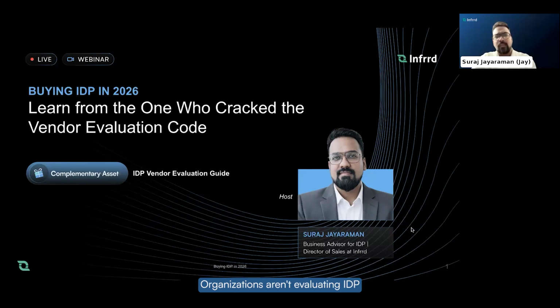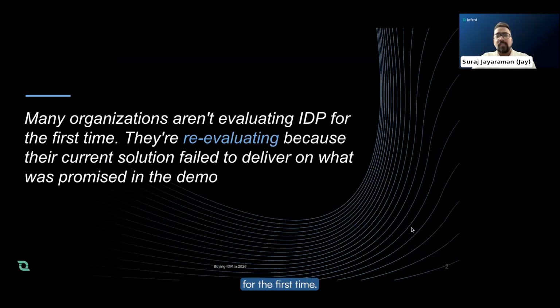Organizations aren't evaluating IDP for the first time. They are reevaluating because their current solution failed to deliver what was promised. And yet, there's a lot of uncertainty around how to properly evaluate an IDP vendor so that it actually delivers in real world scenarios and not just in polished demos. And that's exactly what brings us into the conversation today.